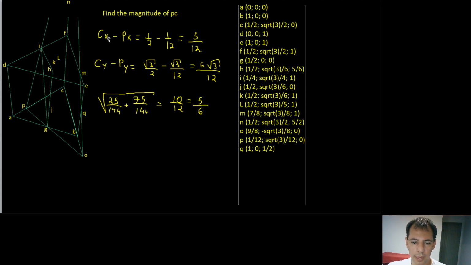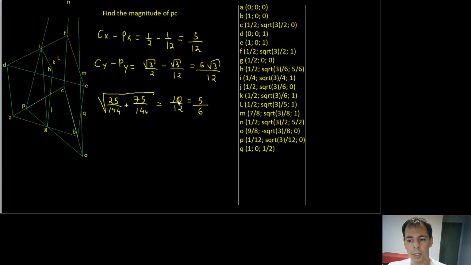Well, the x value of C minus the x value of P is going to be this one. The y value of C minus the y value of P is going to be this one. And then I just use the Pythagorean theorem to take the square root of the sum of the squares of the two sides, and the hypotenuse is going to be from P to C. Okay, so you see here, 5 divided by 12, square that, 25 divided by 144, plus 5 square root of 3 divided by 12 squared is going to be 75 divided by 144. 25 plus 75, 100.